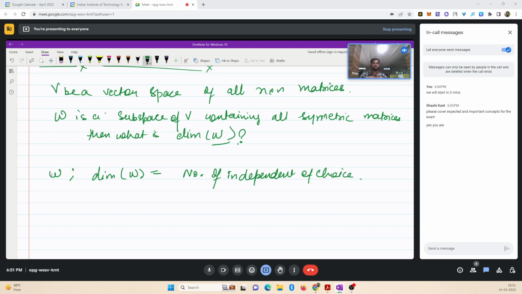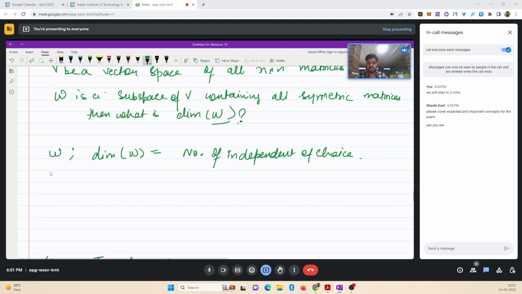This is the one line that you can remember. It is the number of independent choices that you have to make in order to construct an element of W.